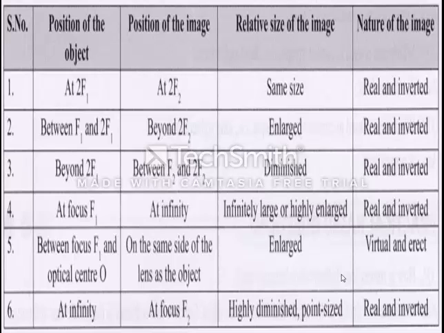Object is at 30 centimeter, image is also at 30 centimeter, meaning the distance of the object is the same as the distance of the image, and this is possible when the object is at 2f1 and the image is formed at 2f2. Now here 2f1 is equal to 30, so the focal length is 15 centimeter.